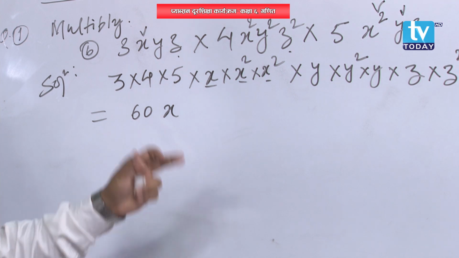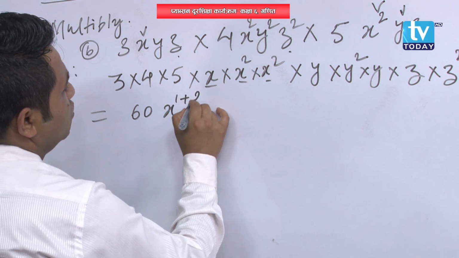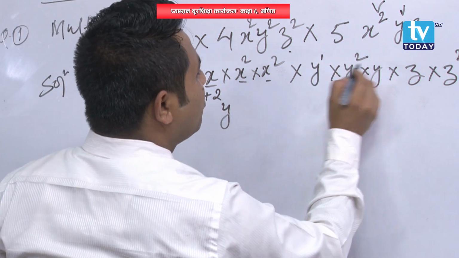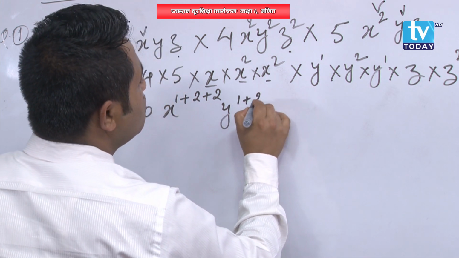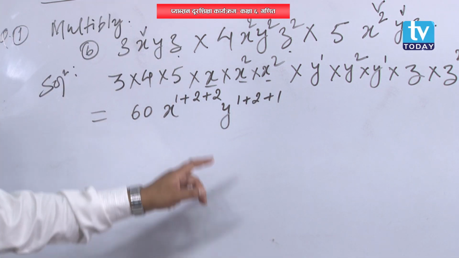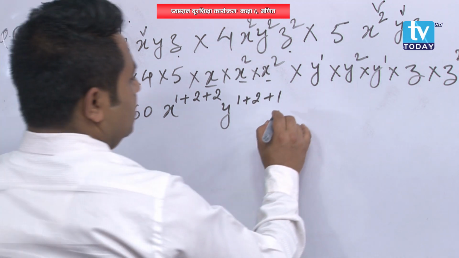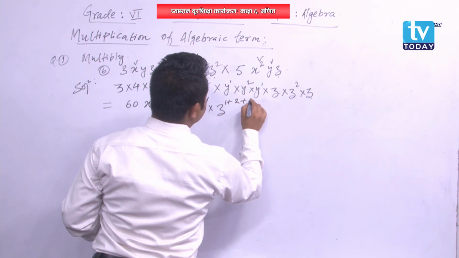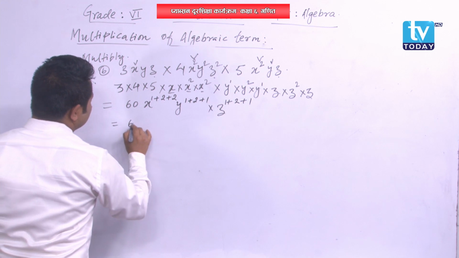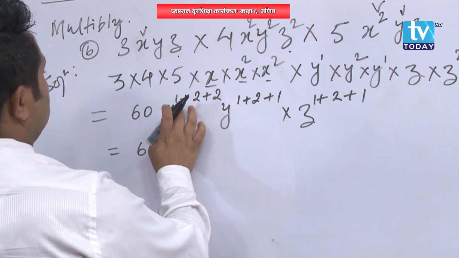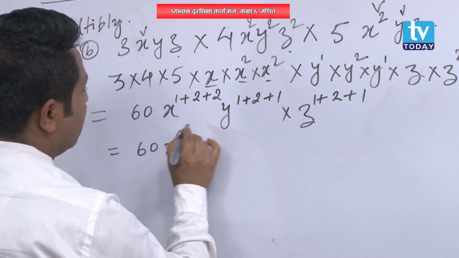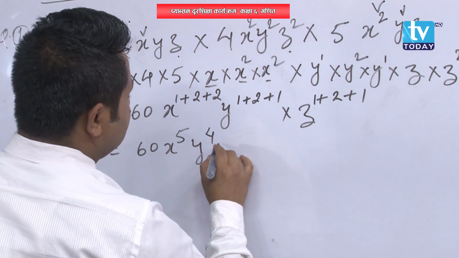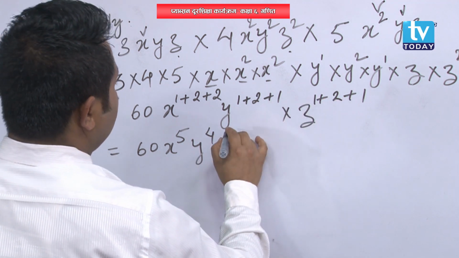If the base is the same, then you can add the powers. x: 1 plus 2 plus 2, y: 1 plus 2 plus 1, z: 1 plus 2 plus 1. So it equals 60 x to the power 1 plus 2 plus 2, which is 5, y to the power 2 plus 1 is 3, 3 plus 1 is 4, then z to the power 1 plus 2 is 3, 3 plus 1 is 4.